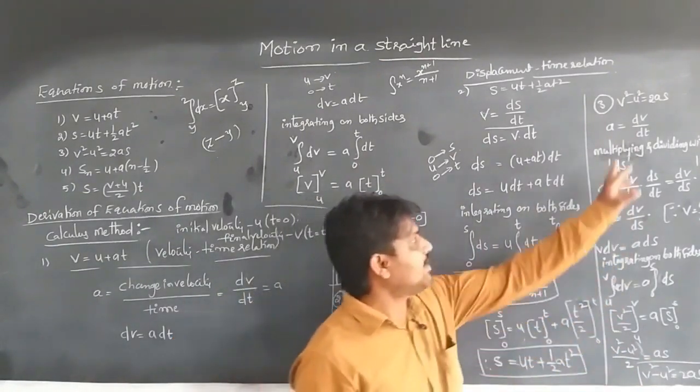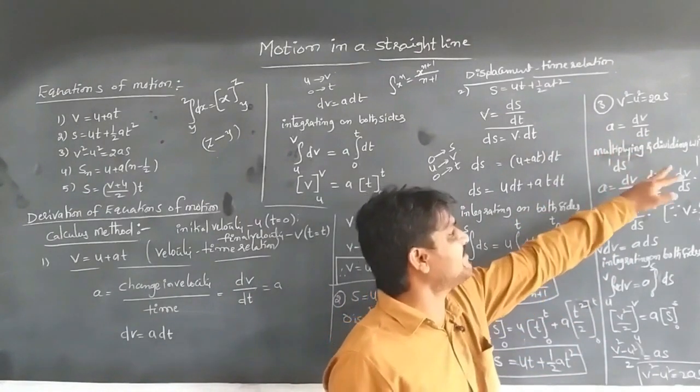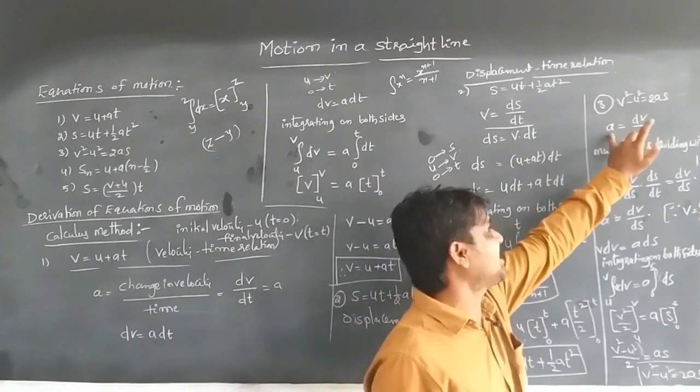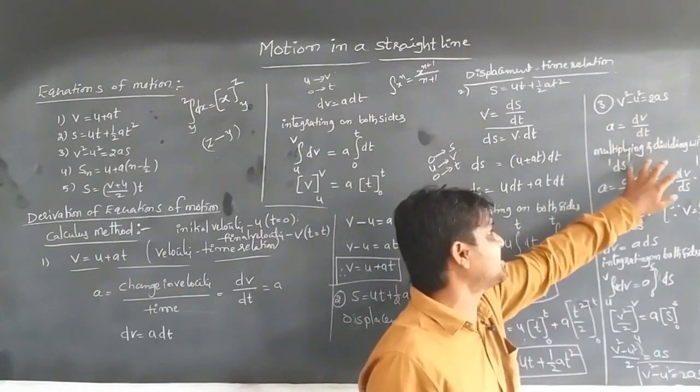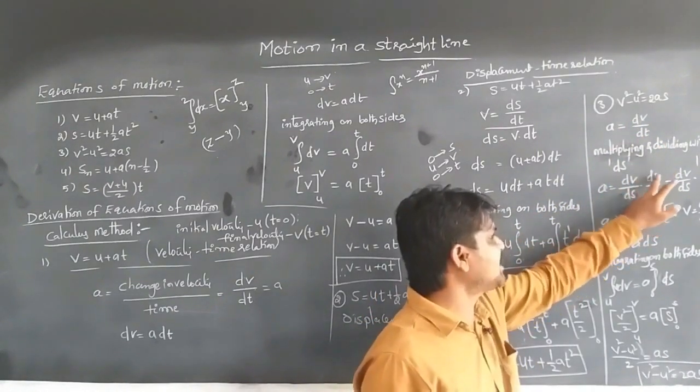Once again, acceleration a is equal to dv by dt, multiplying and dividing with ds. The rate of change of velocity is called acceleration. Multiplying and dividing with ds, we get dv by ds into ds by dt.